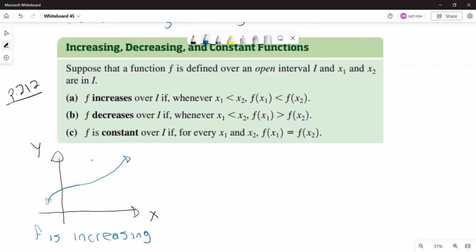f decreases over I if whenever x1 is less than x2, f of x1 is greater than f of x2, and the graph of the function is falling.